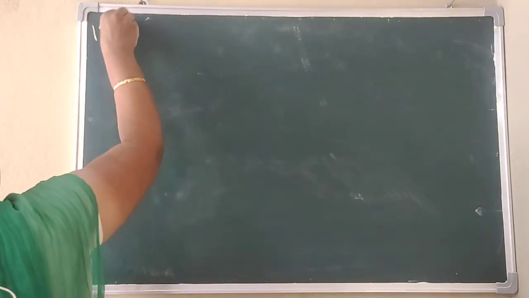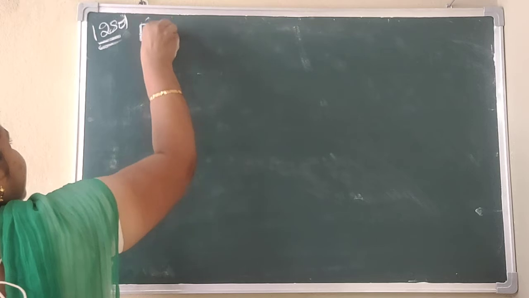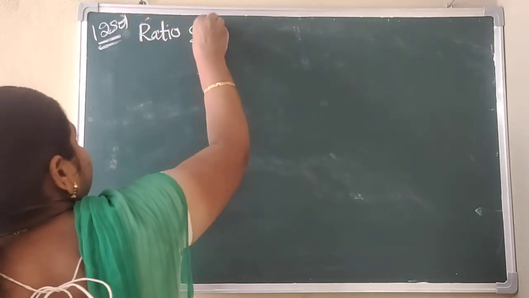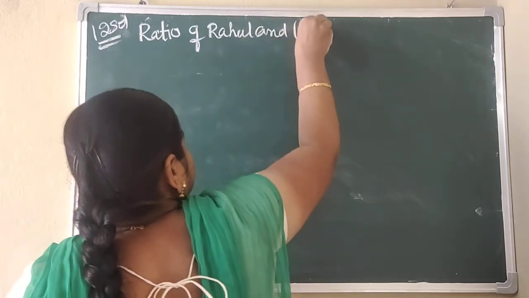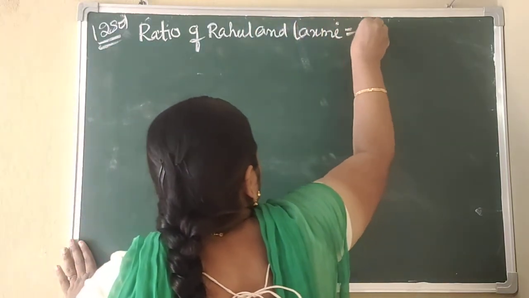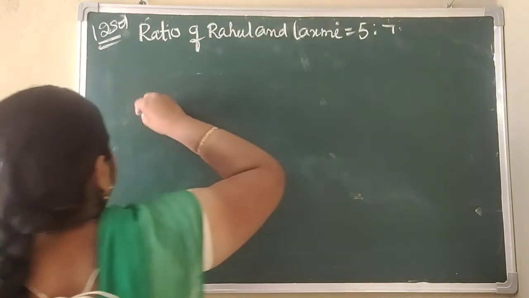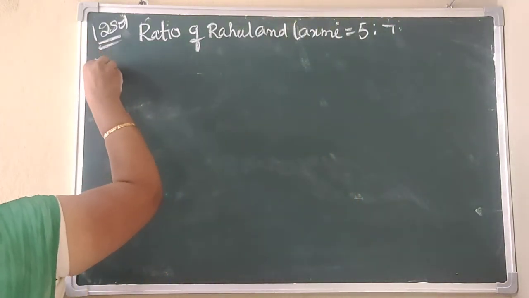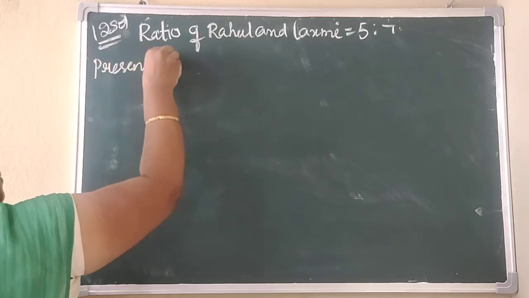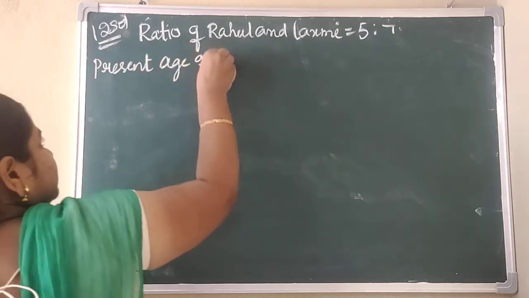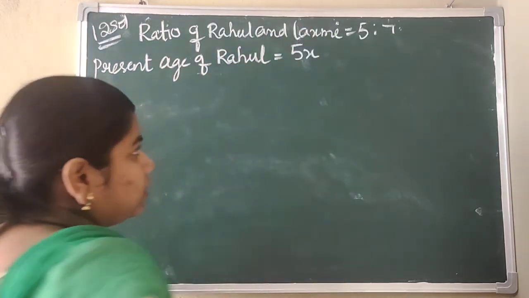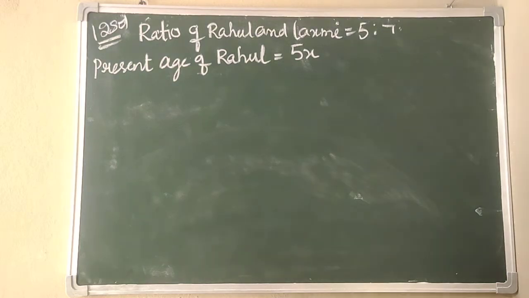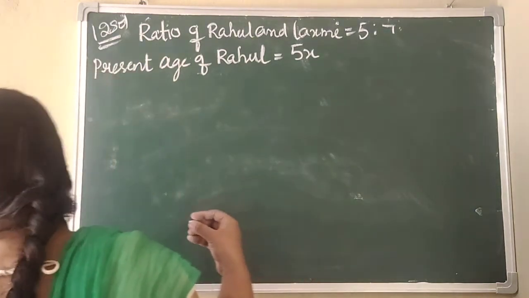So this is the 12th solution. The ratio of Rahul and Lakshmi is how much? 5:7. So I am taking the present age of Rahul as 5x, because a ratio is nothing but x terms, that is 5 multiples.